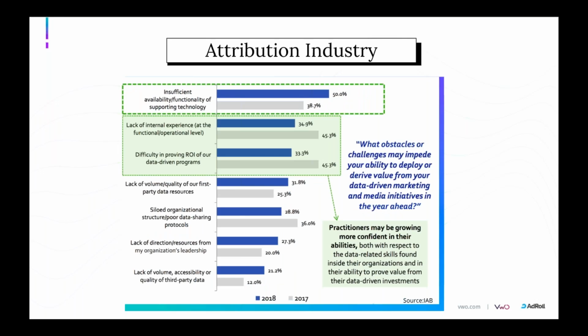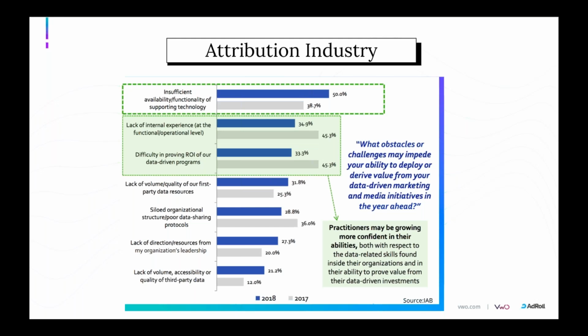So why are we seeing 44% of those marketers still staying on last click, or not sure what to do about their attribution? We wanted to find that out as well. We noticed that a lot of them feel that there's insufficient availability and functionality of supporting technology. So a lot of people felt, yes, attribution is important, we get that, but we don't think that there's sufficient technology for us to be able to understand all of these different touch points.